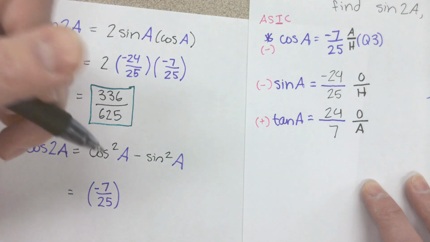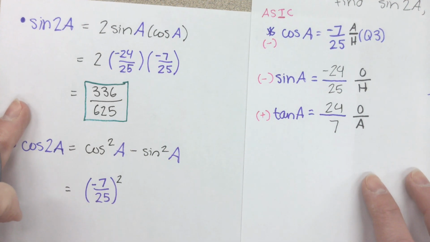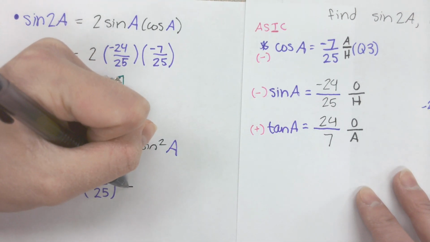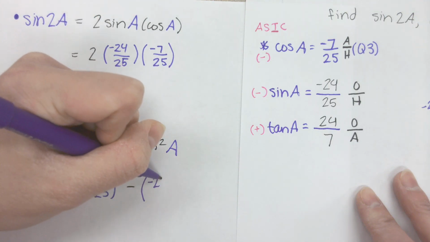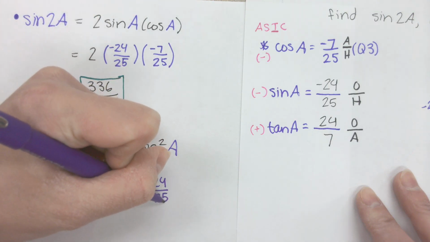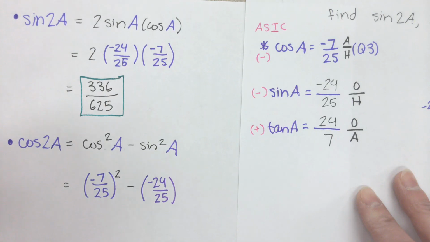And then don't forget that square does transfer with that term. Minus sine is negative 24 over 25, squared.